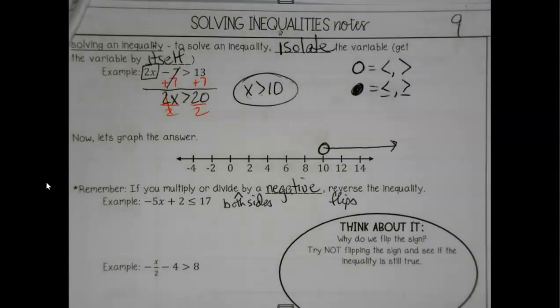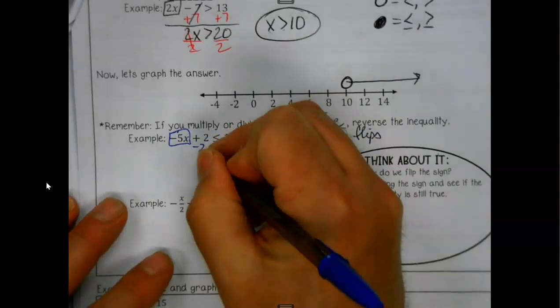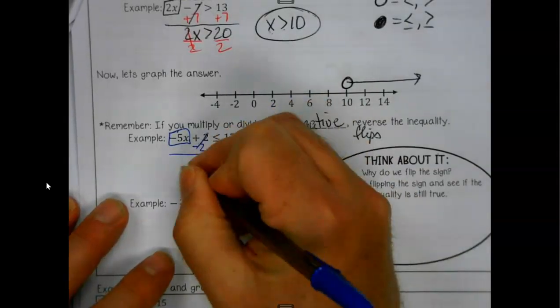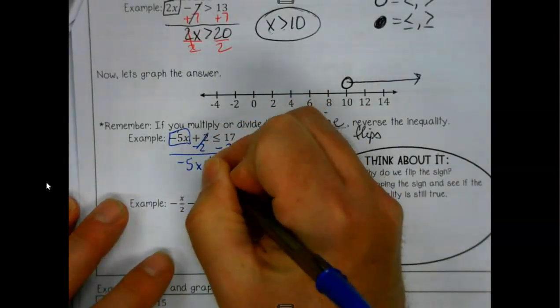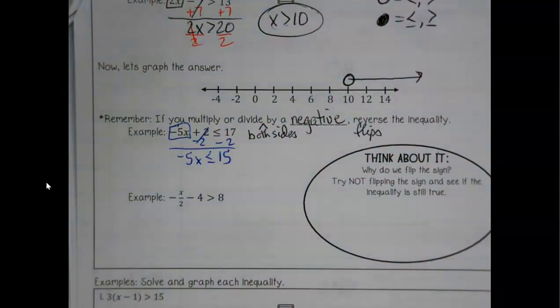So we're still going to solve this one like we did the one up above. Still want to get the x term by itself. Still want to get the 2 out of there. But here's the situation we're talking about.